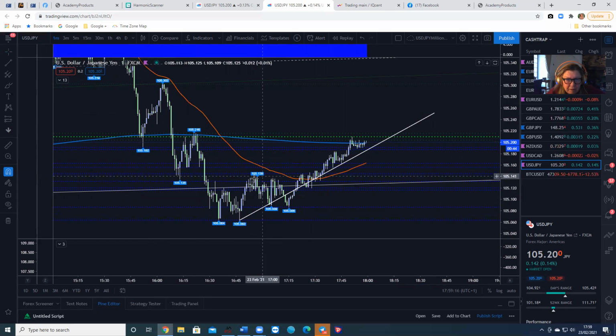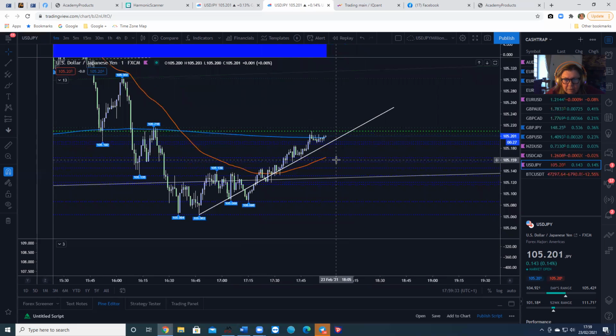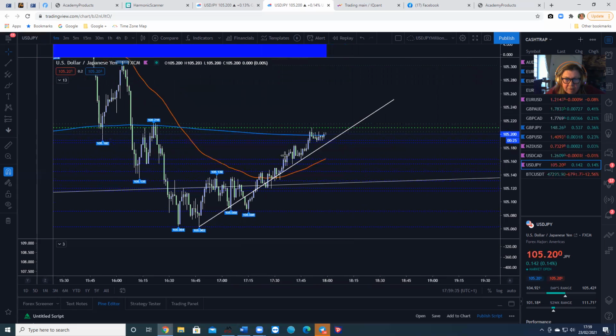It hasn't yet given us a new higher high. That's a lower high, but what you want to see is a higher high coming up here to show you that the channel is indeed changing. In fact, as we come up to the hour, it is now pushing its way above.